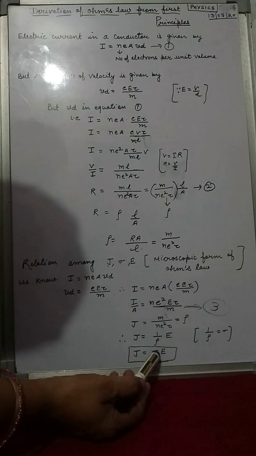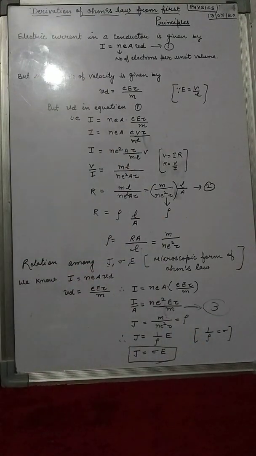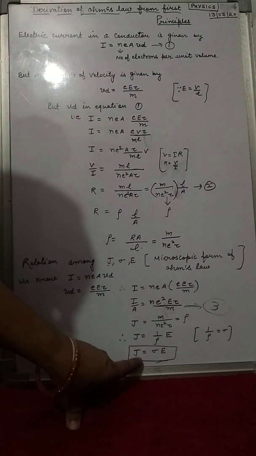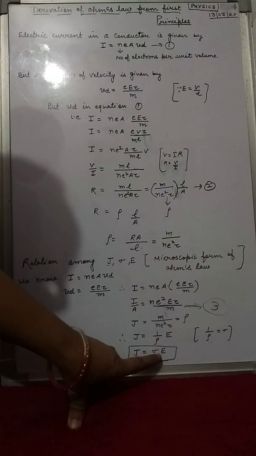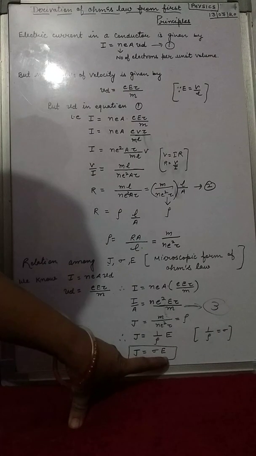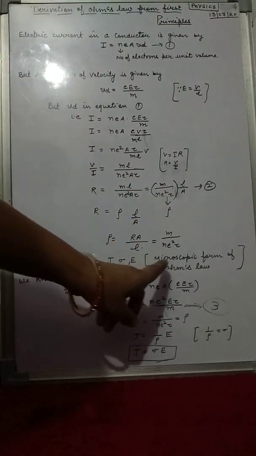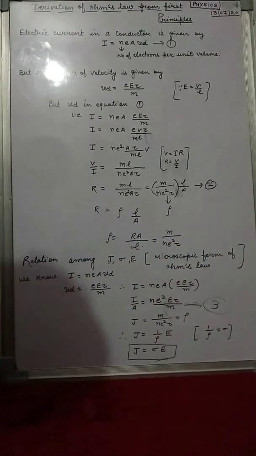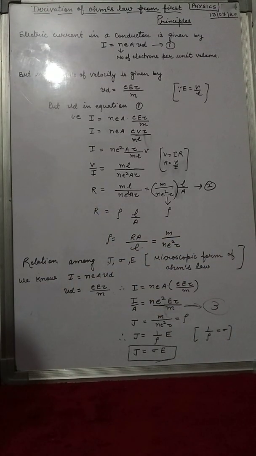So J = σE. This relation between current density, conductivity and electric field is the microscopic form of Ohm's law.